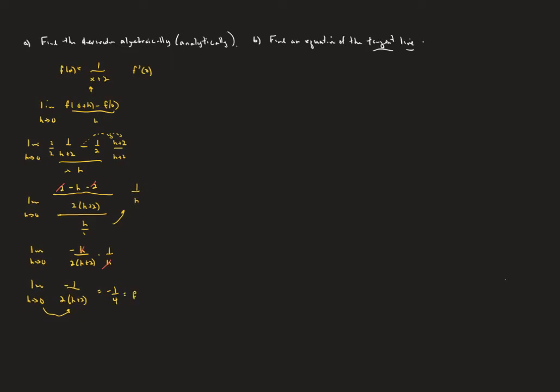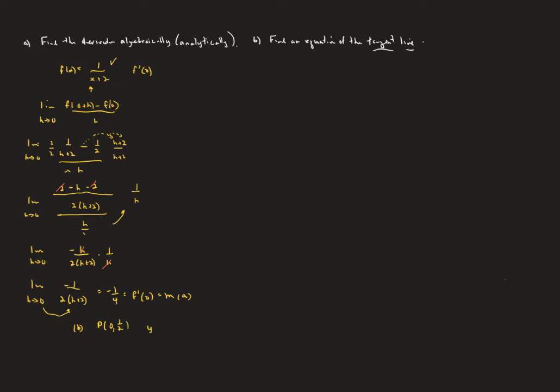That is f prime of 0, which we also know is going to be the slope of our tangent line at 0. We also need a point to get the tangent line. So we've done part A, so this is part A right here. Now for part B, we have to get a tangent line. We also need a point. So if we plug in our x value of 0 into our original function, that gives us a y value of 1/2.